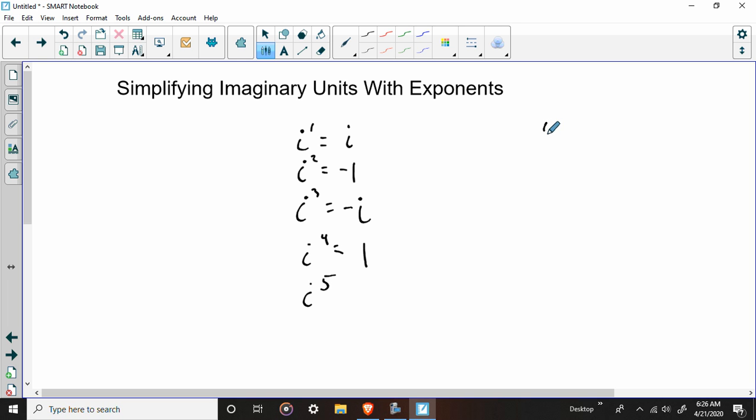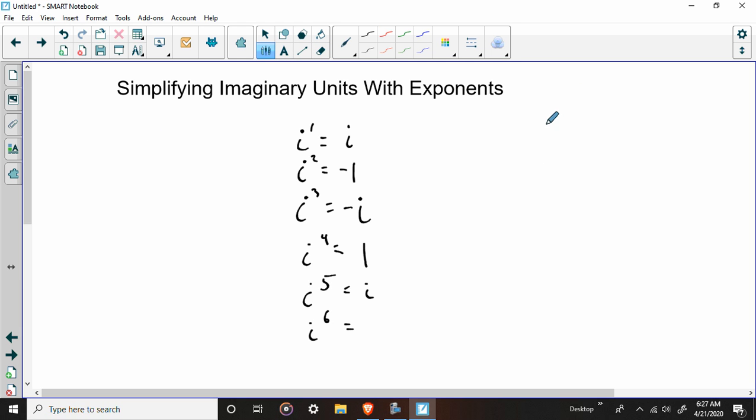Well, i to the 5th is just i to the 4th times i to the 1st, which is 1 times i. i to the 6th, again, you're going to see this pattern repeat, should be -1. So whenever we can pull out an i to the 4th, it's very much going to help us.